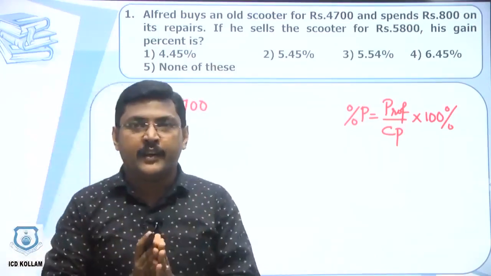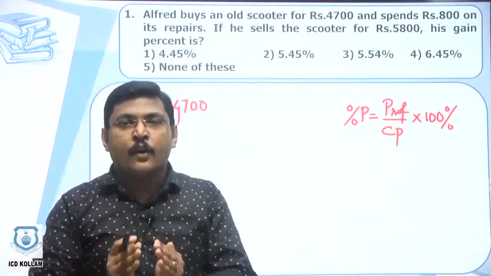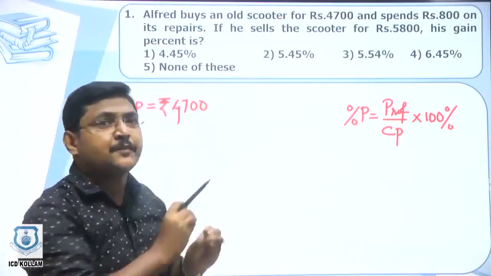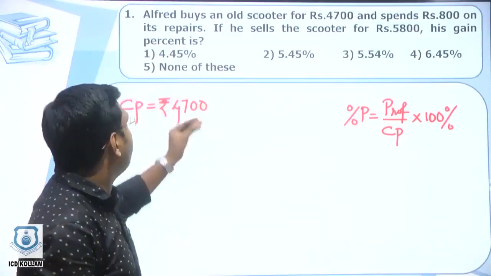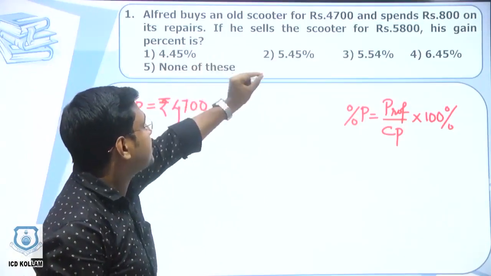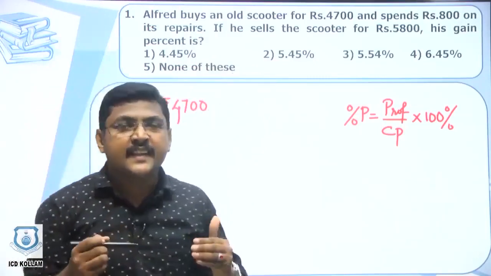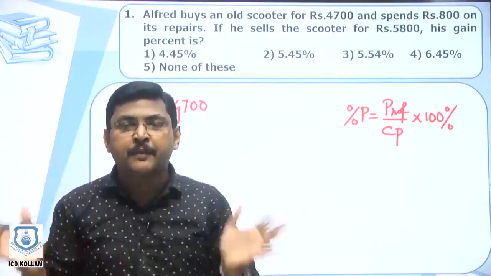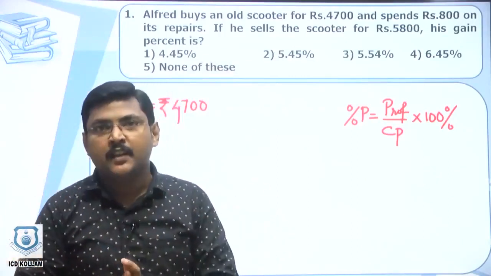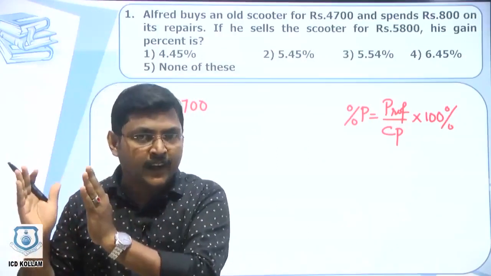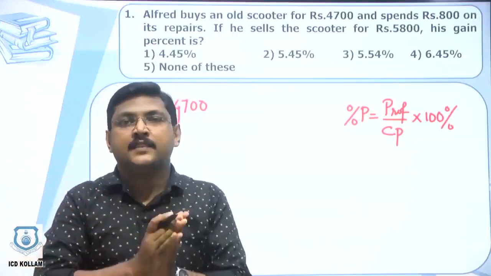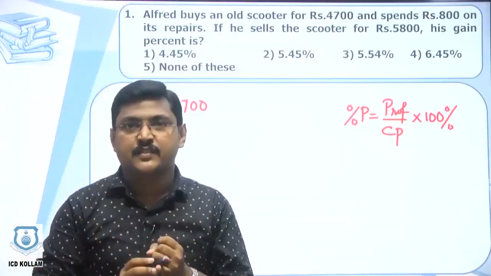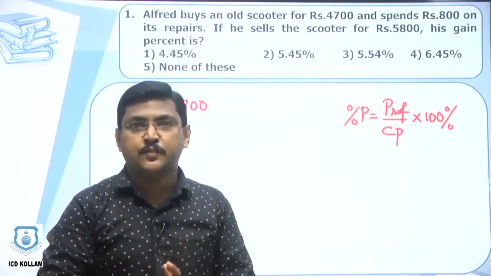Here we need to remember a point. After buying that product, he has some extra expenditure for that product, right? Here he bought a scooter and he spends rupees 800 on its repair, that is his expenditure. Always remember, before selling, the whole expenditure we will consider as the cost price. Before selling a product for a particular amount, the whole expenditure before that we will consider as the cost price.